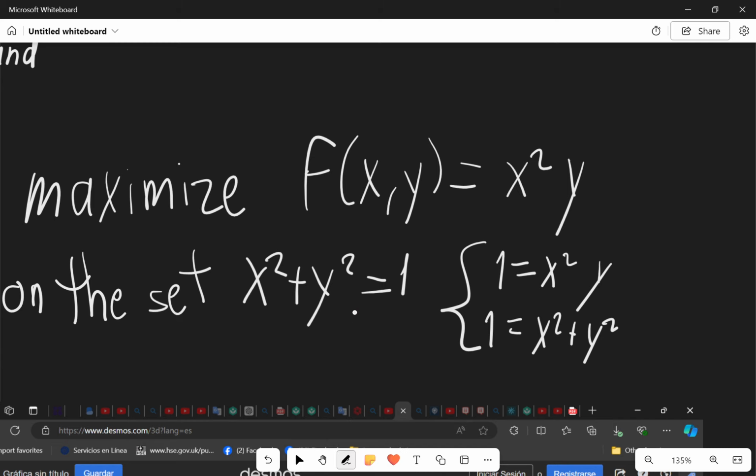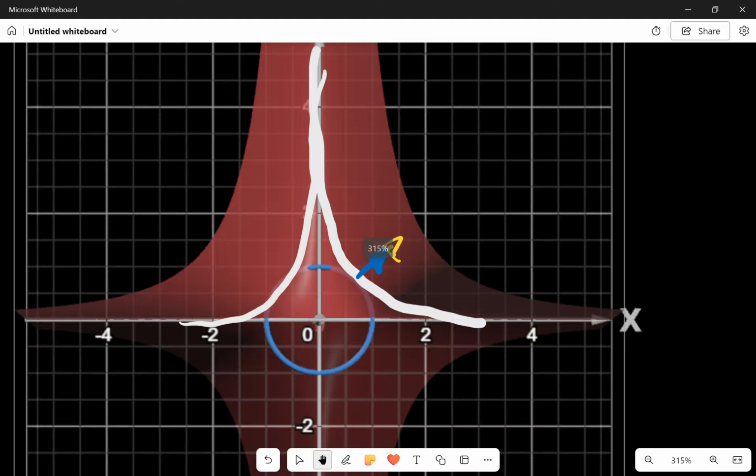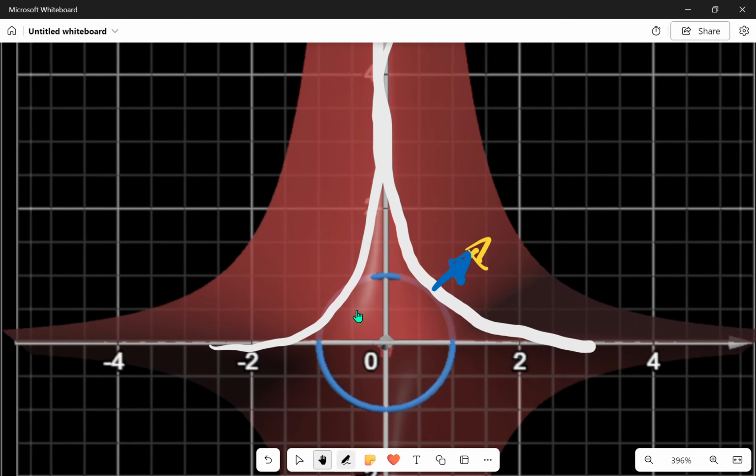when we are asked to maximize a multivariable function, what we are looking for is at what points the contour lines are equal to the constraint line. Or rather, at which point they are tangent to each other. And this contour line is tangent to this circle over here.